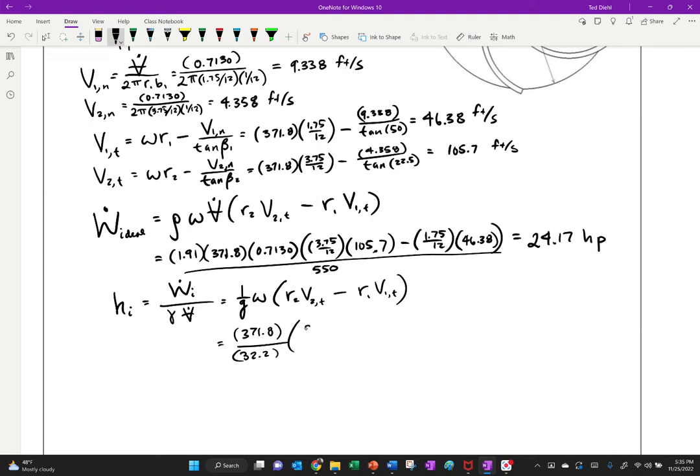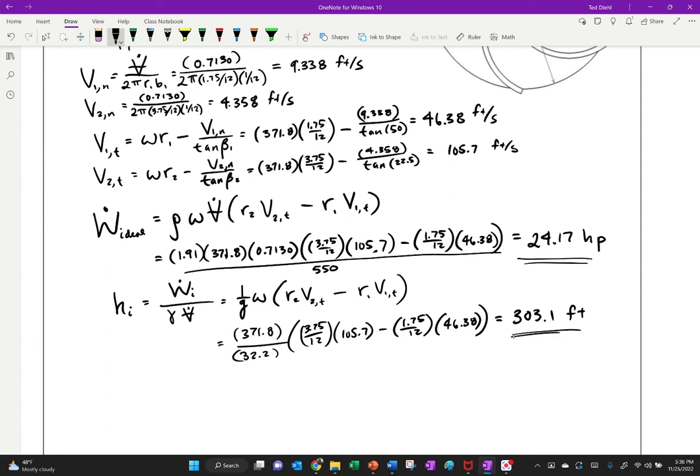And then 3.75 divided by 12, 105.7 minus 1.75 divided by 12 times 46.38. So I end up with 303.1 feet. All right, so here's the two things that we wanted to find in that problem.